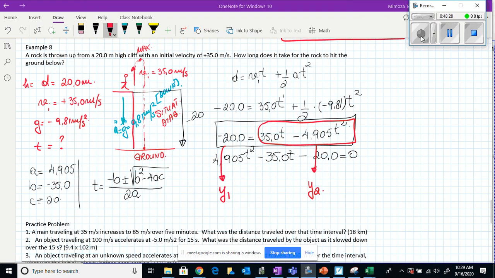So finding the intersect between y1 and y2 will give us time as 7.66 and so on.